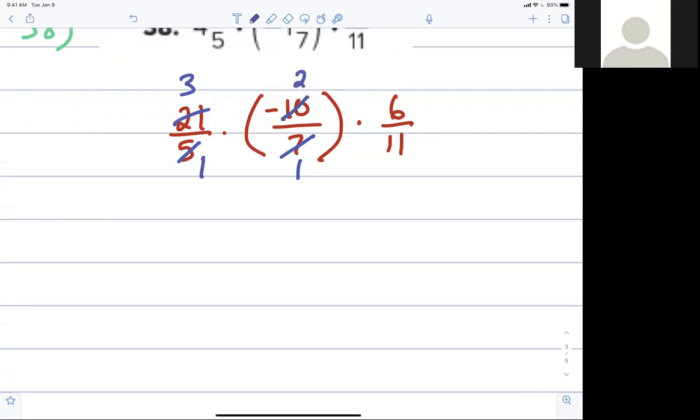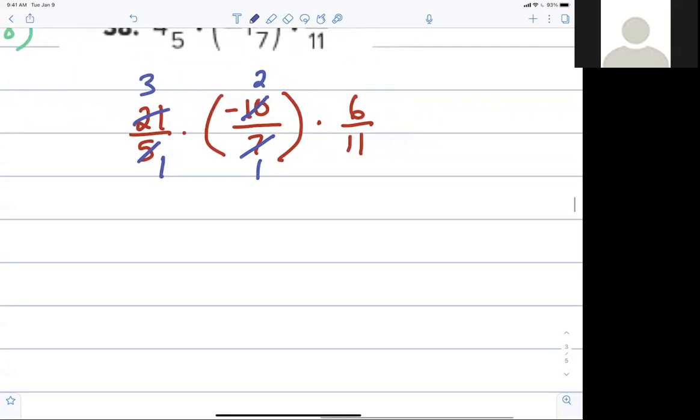And then we know that 3 times 2 is 6. Then multiply by 6, that's 36. So we cannot forget about the negative. Then 1 times 1 is 1, then 1 times 11 is 11. Then we gotta carry over the negative, and we get negative 36 over 11. Don't forget the negative.